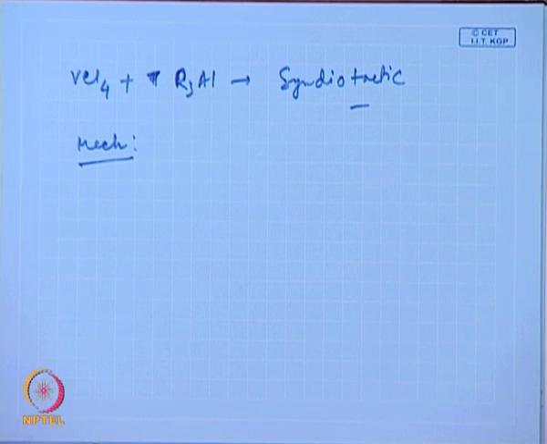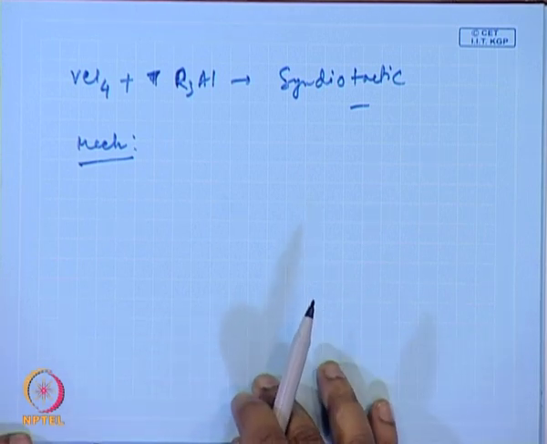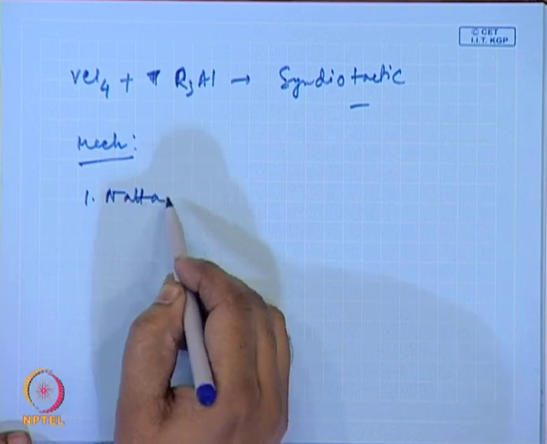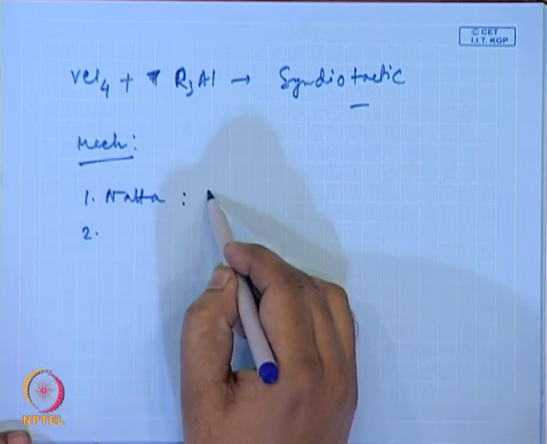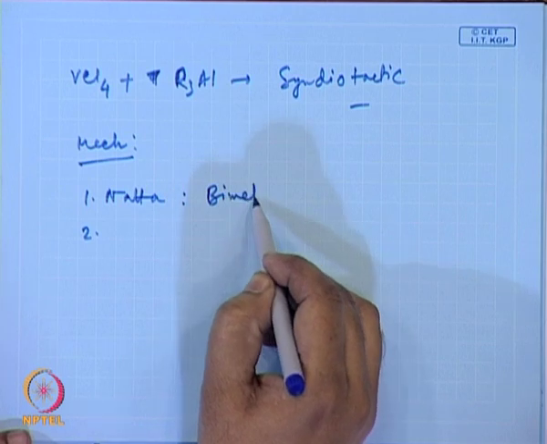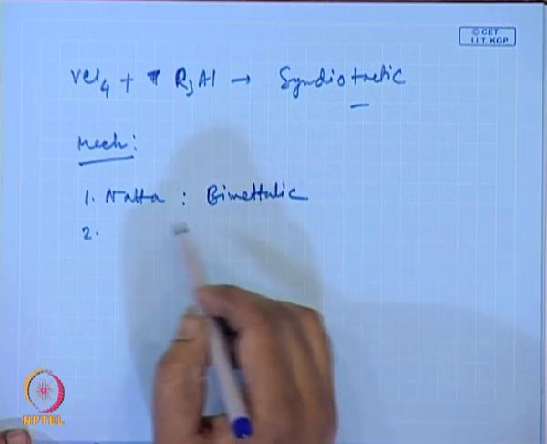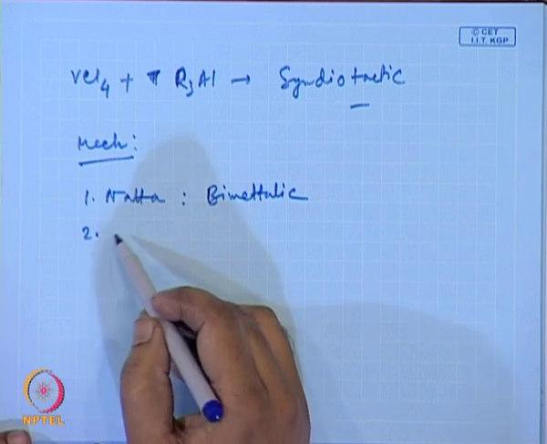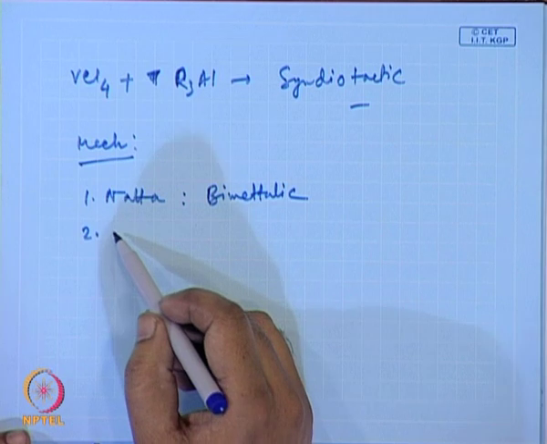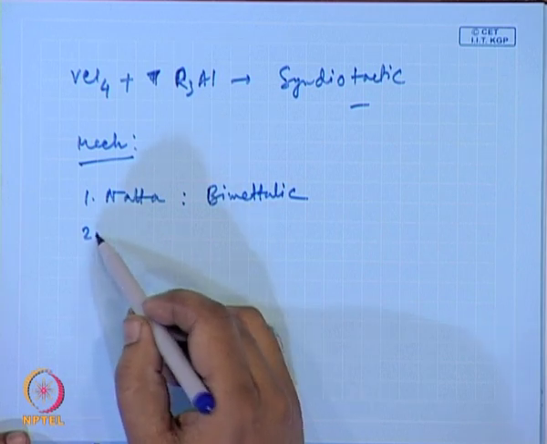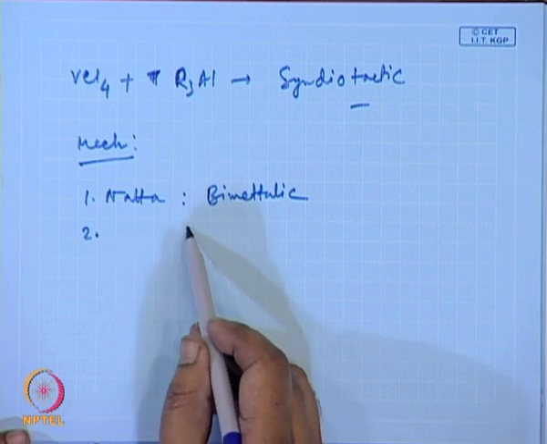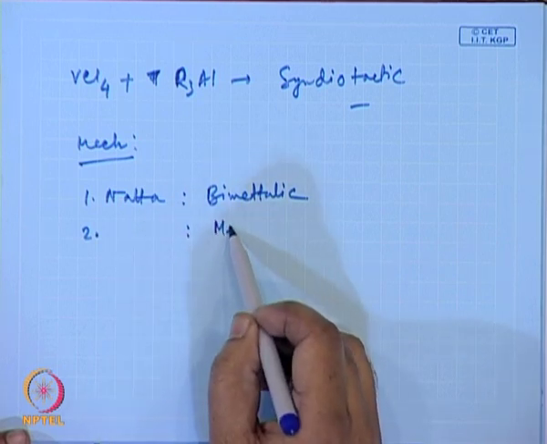So, what we will discuss in this lecture, we will basically talk about two mechanisms. One was proposed originally by Natta, which is a bimetallic mechanism, and the second, where the majority of scientists have actually accepted this mechanism, which is a monometallic mechanism.